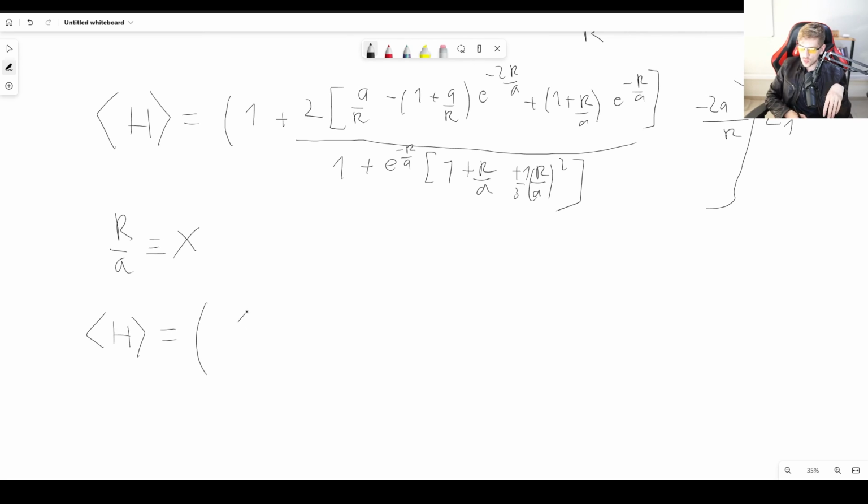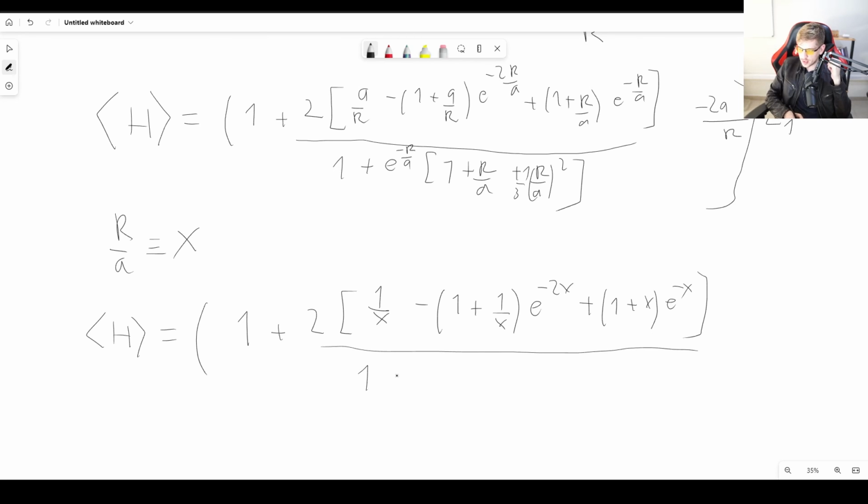We get 1, plus 2 times 1 over x minus 1 plus 1 over x, e to the minus 2x, plus 1 plus x, e to the minus x, and all of that is divided by 1 plus e to the minus x, 1 plus x, squared divided by 3.